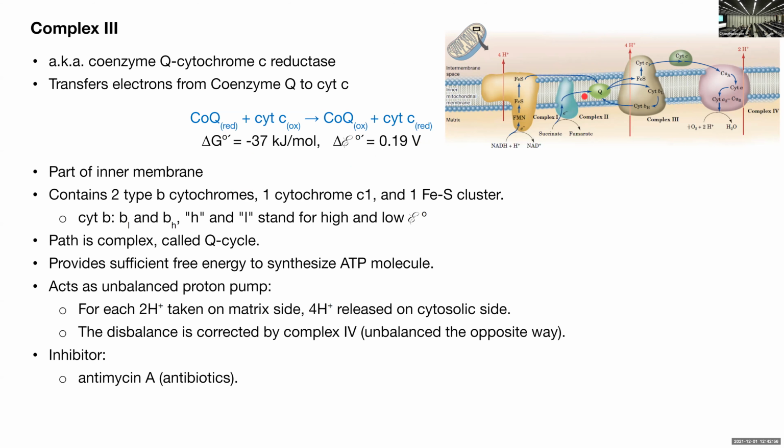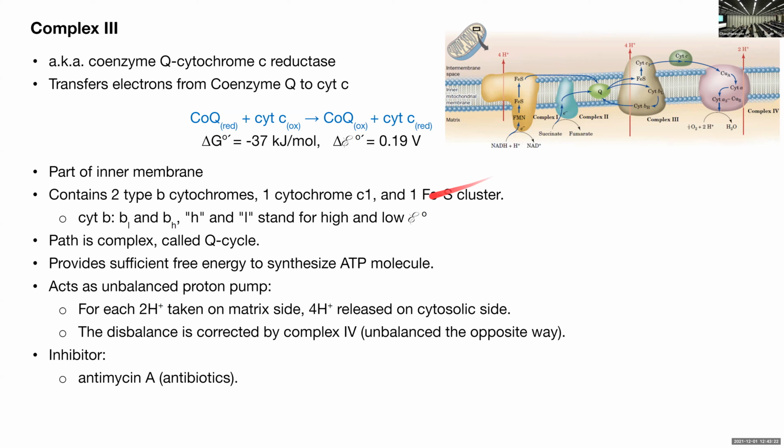But complex 3 is still part of the inner membrane, so it's stuck in the inner membrane. It contains 2 type B cytochromes, where you can see here cytochrome BL and cytochrome BH, and also 1 cytochrome C1 and 1 iron sulfur cluster.